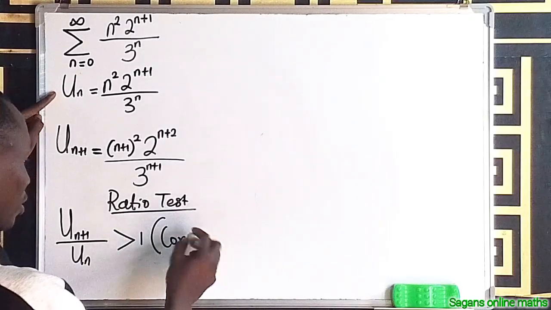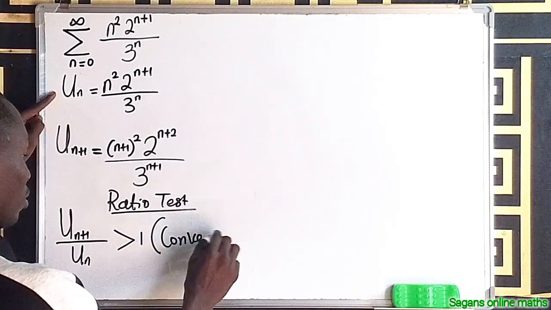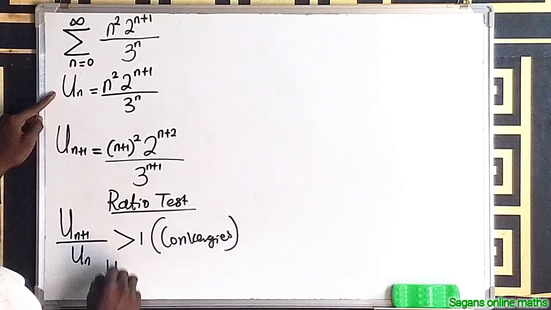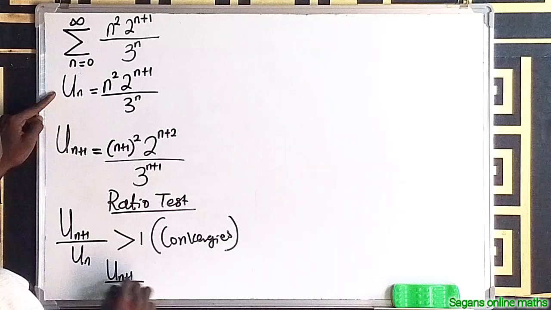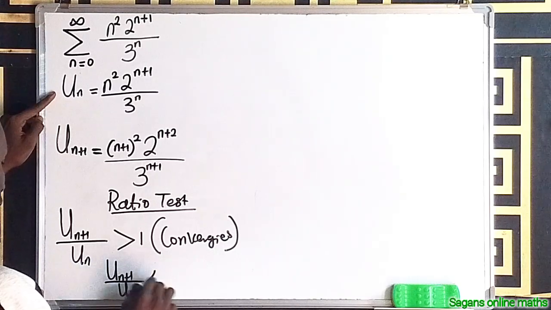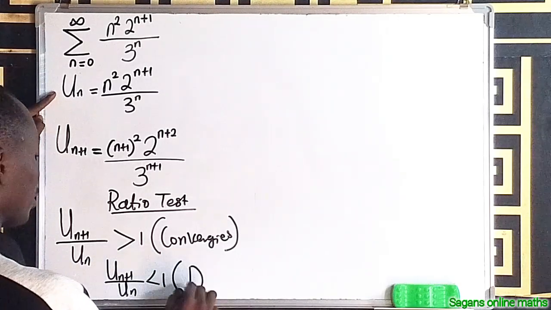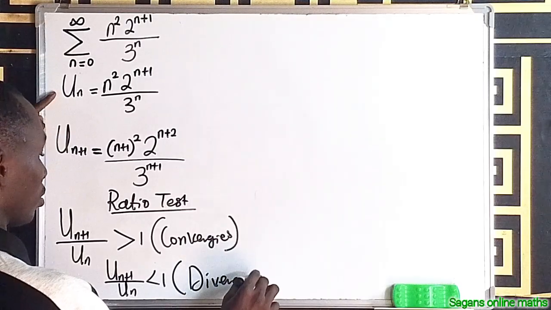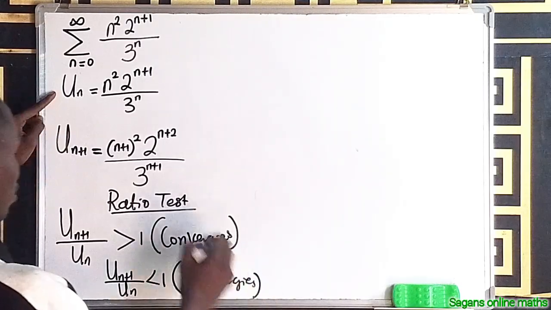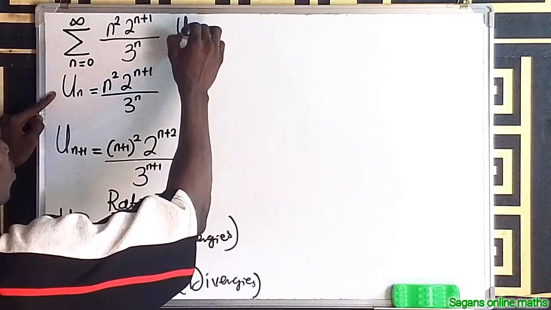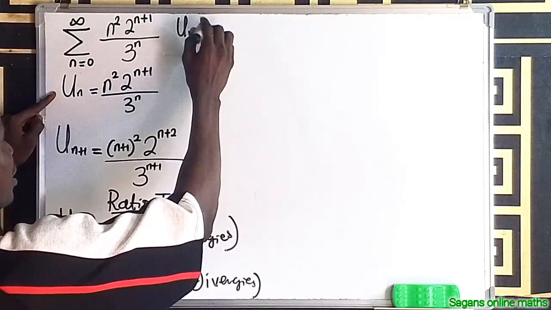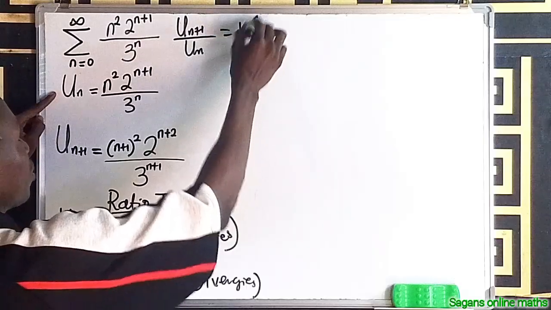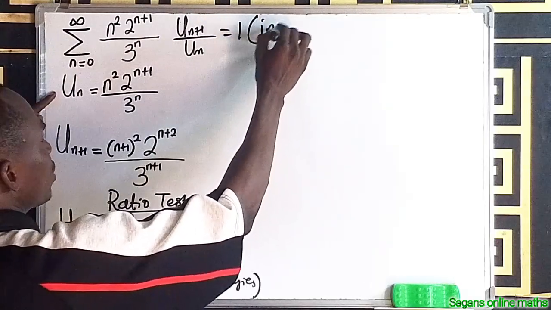That means the series converges. When u subscript n plus 1 divided by u n is less than 1, it's called diverges. When u subscript n plus 1 divided by u n is equal to 1, it's called inconclusive.